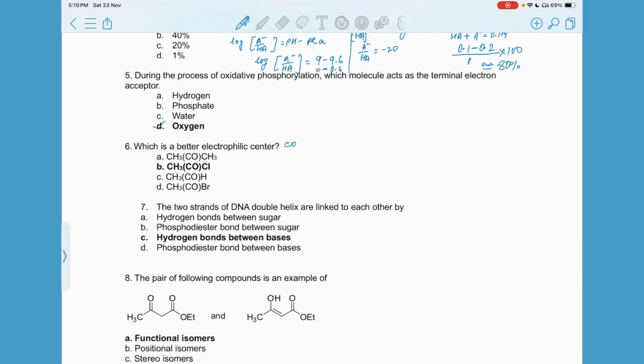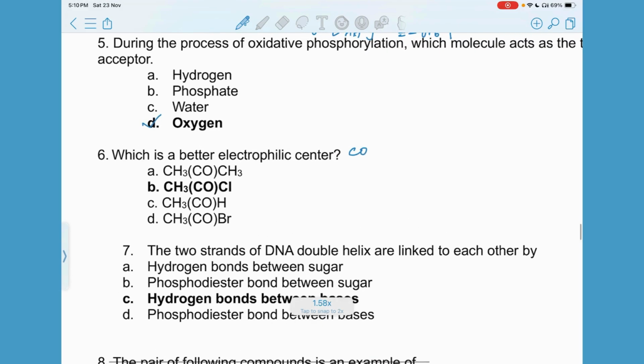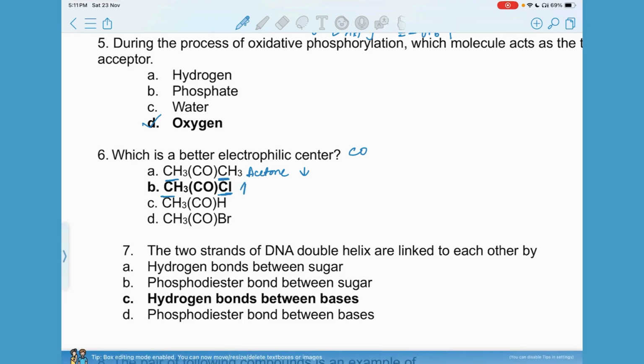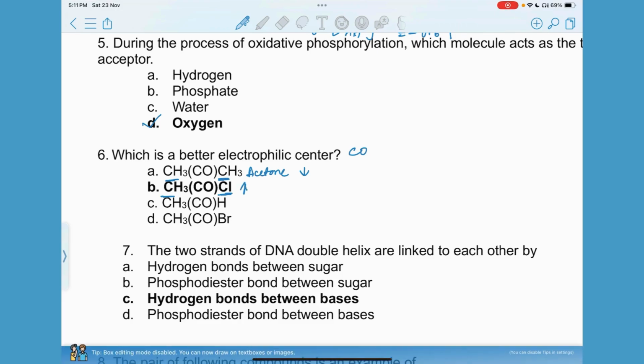So let's see, the first option is acetone. For acetone, the substituents are both alkyl groups, which are weakly electron donating, so it is a less electrophilic center. Now for acetyl chloride, the substituents are chlorine and an alkyl group, and the chlorine atom shows a strong electron withdrawing effect, making it very electrophilic in nature.